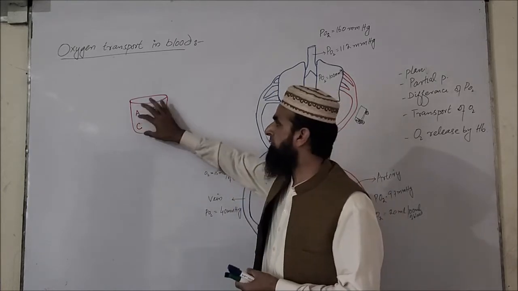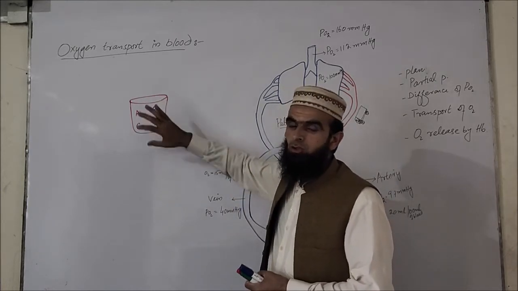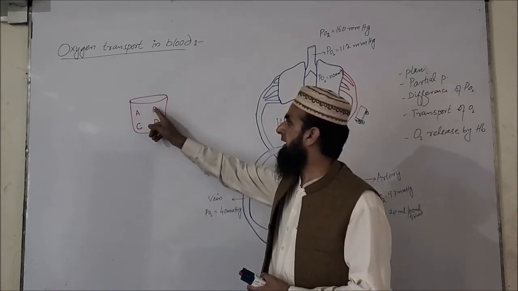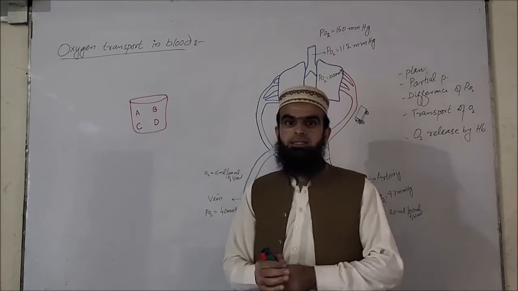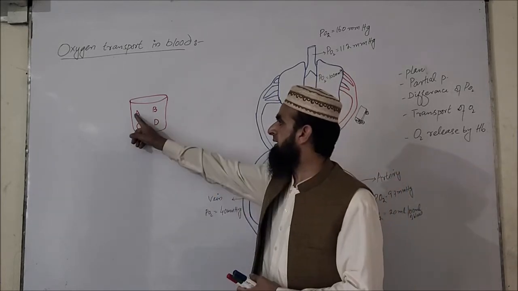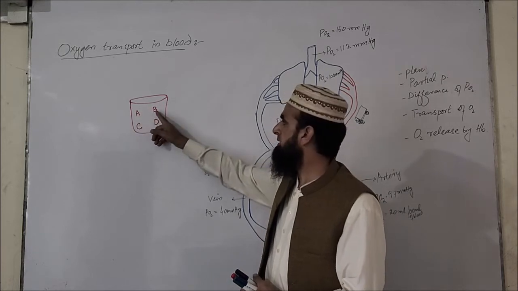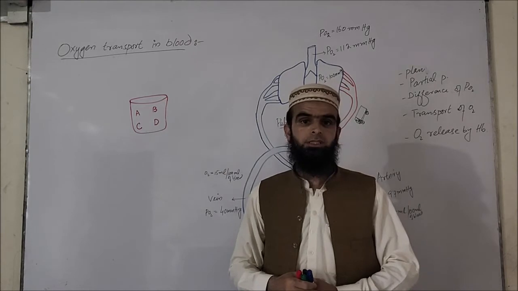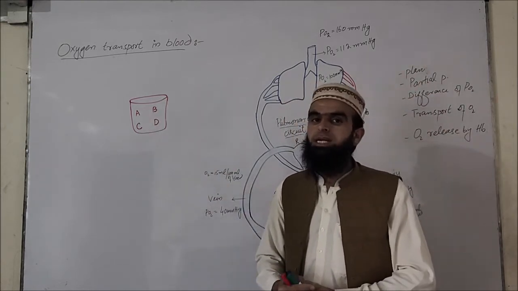So each gas molecule exerts its own pressure. For example, there are 4 gas molecules and the total pressure is 100%. This means that each gas molecule may exert 25%, or you may say that this may exert 20%, this may exert 30%, this may exert 10%, this may exert 40%. So the total pressure would become what?